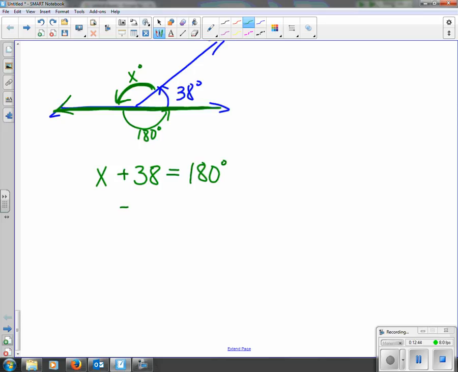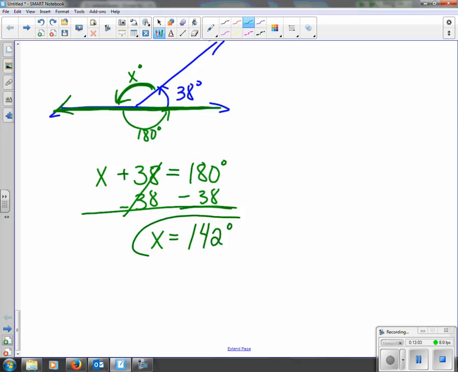So if I subtract 38 degrees, I get x, the remaining space for that angle, which is 142 degrees, because we know those two angles together have to equal 180 degrees.